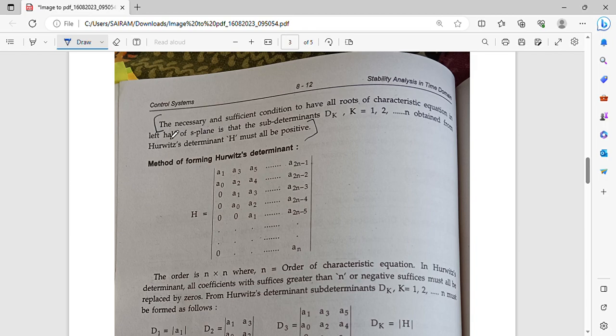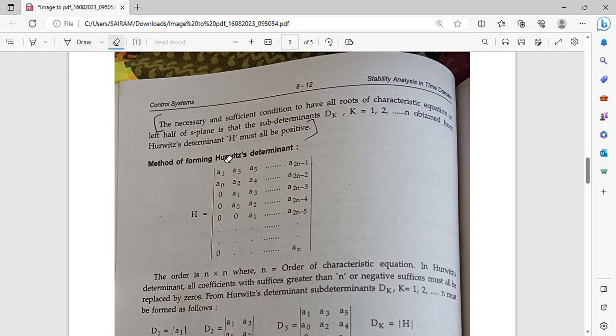Yes. So the necessary and sufficient condition to have all the roots of the characteristic equation in the left half of the S plane is that the subdeterminants, that is Dk, k equal to 1 to n, obtained from the Hurwitz determinant H, must all be positive, right?